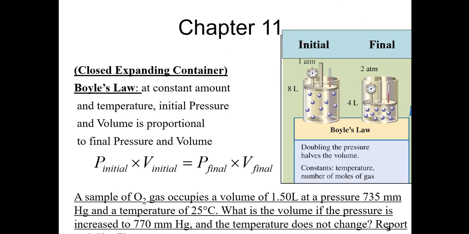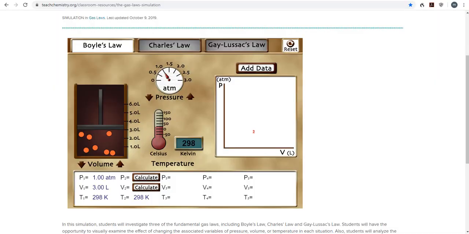Let's go ahead and take a look at the animation for Boyle's Law. So in this instance, I have that same type of closed expanding container. So this cylinder right here, notice I am decreasing the volume. And as I do it, the particles are smashed close together, and consequently there's a lot more bouncing going on by the particles.